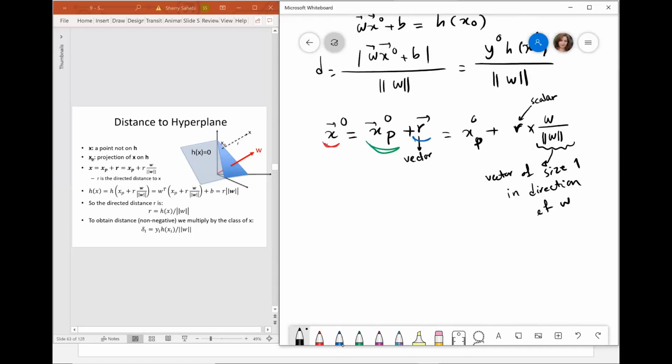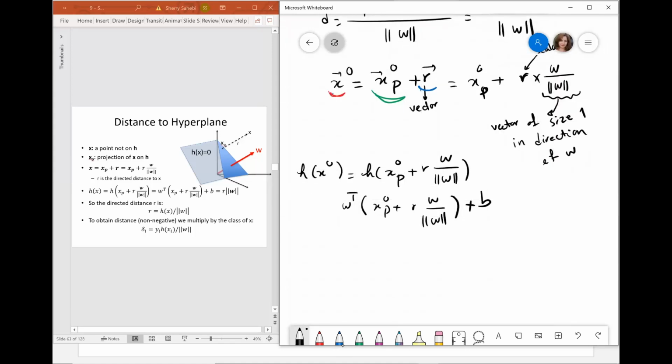So from here, if I have x0 written like this, then I can calculate h of x0 as h of x0 projected plus r multiplied by this vector in the direction of w. So we know h is w transpose its input, x0p plus r w over norm of w, plus b.